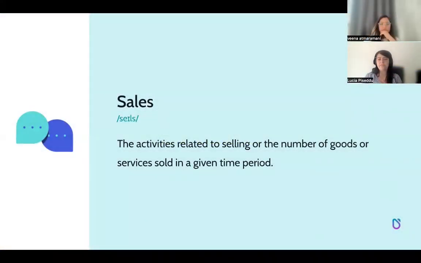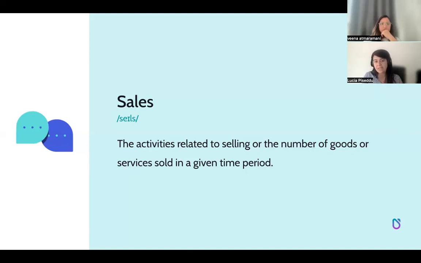Because when we're talking about sales and business development, I think sales BD is always the most blurred of all the relationships with the strategies and departments, because many companies do treat BD primarily as sales. However, when we're talking about sales, we're really talking about something very specific, which is selling to a very specific customer type a certain amount of goods or services in a given time period.